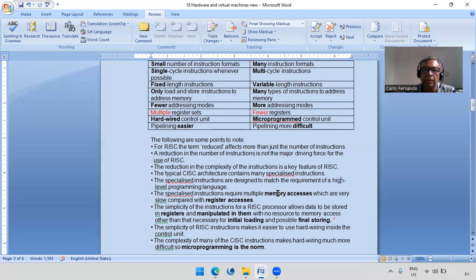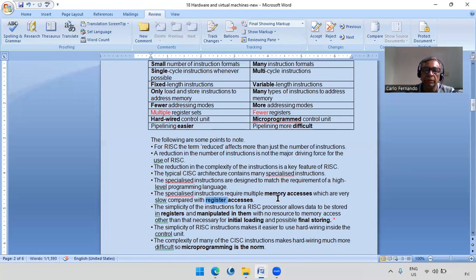Now see the difference. Where I have boldface, you have to look a second time: memory accesses, register accesses. Memory accesses means the RAM. It's outside the CPU, whereas the registers are inside the CPU. So which is faster? This is faster.